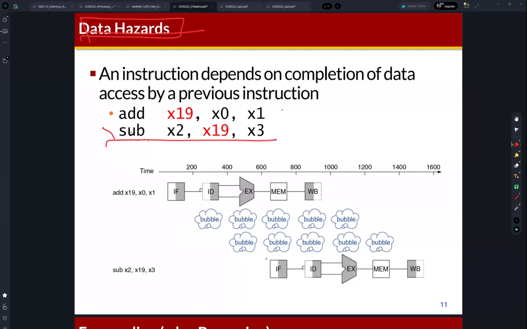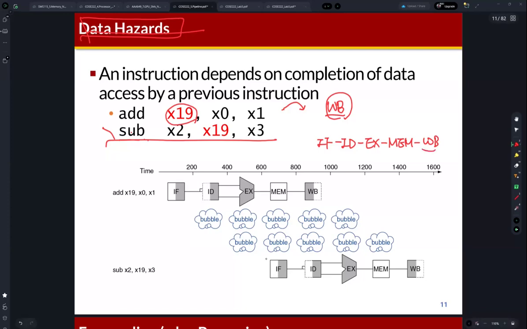Why? It is because X19 will be written back to the register file in the write back stage. The write back stage is the last stage of the 5-stage pipeline architecture.